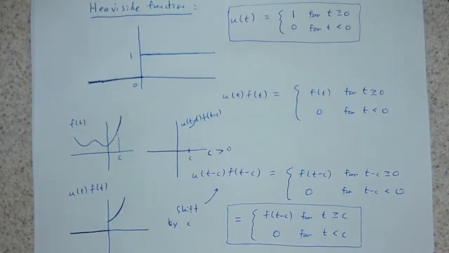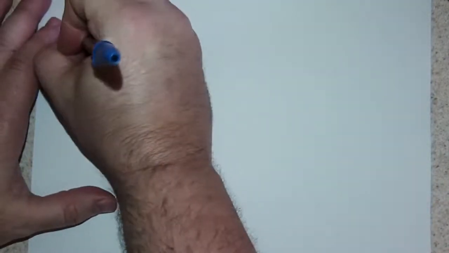So here is the statement that I want to make that kind of brings all this together. We'll call this property 3, or proposition 3, however you want to think about it.